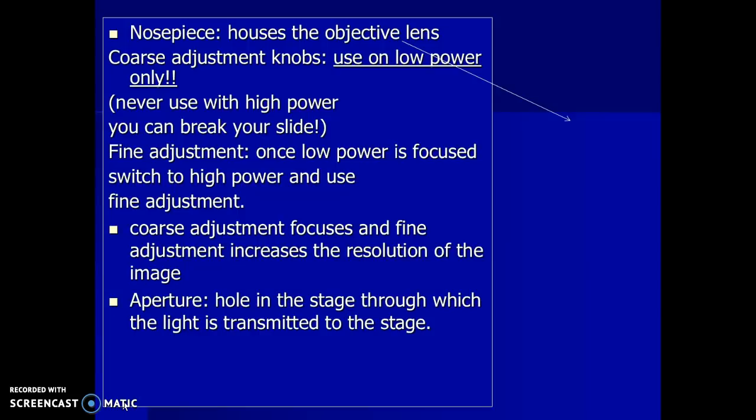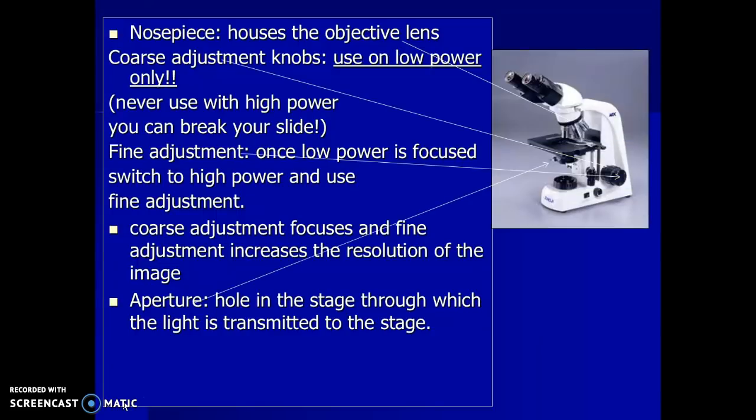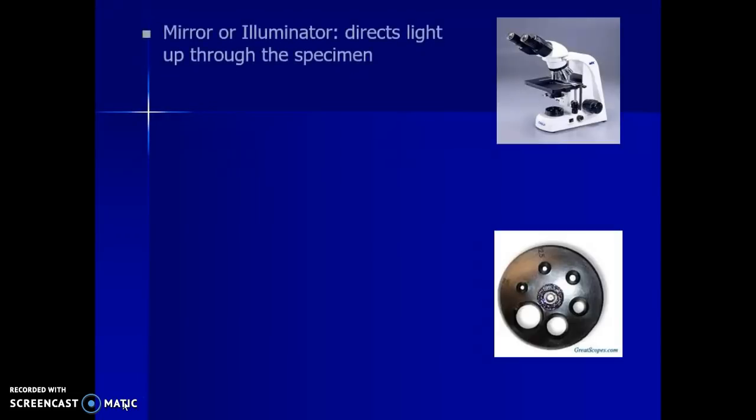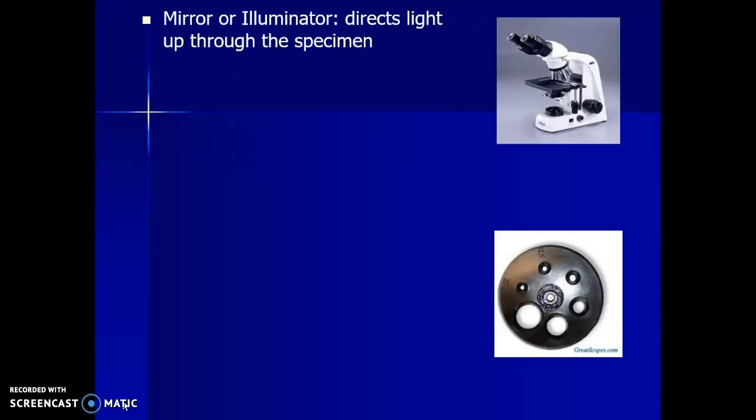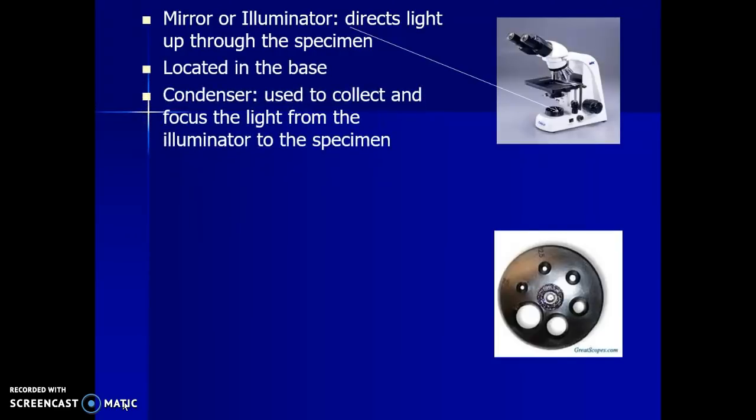The aperture is the hole in the stage through which light is transmitted to the specimen. The mirror or illuminator directs light up through the specimen. It's located in the base.